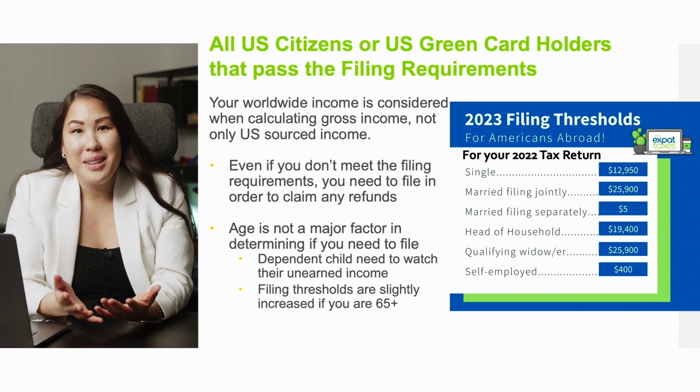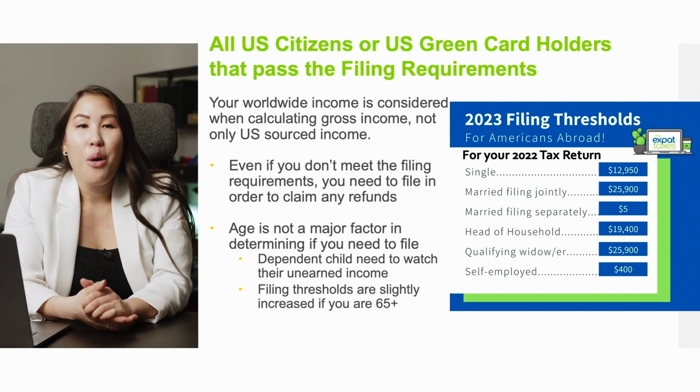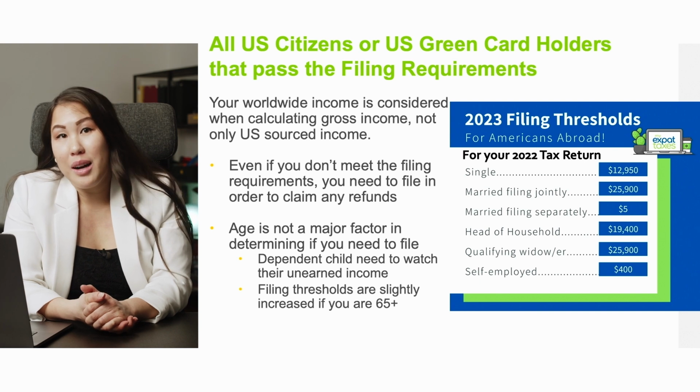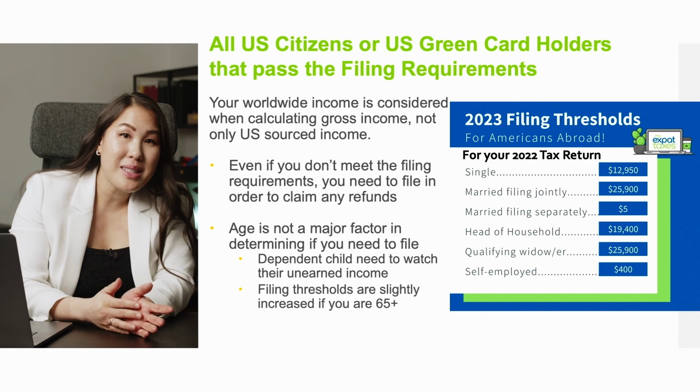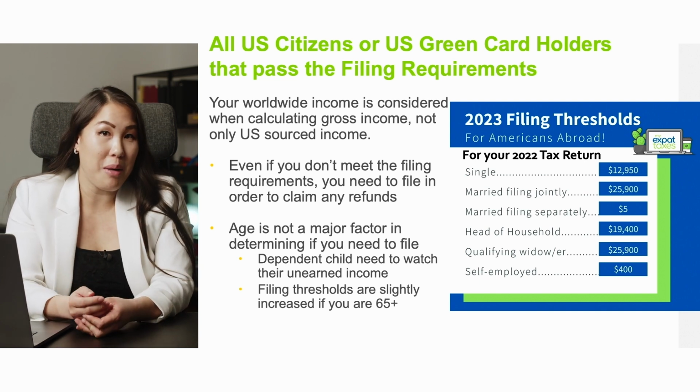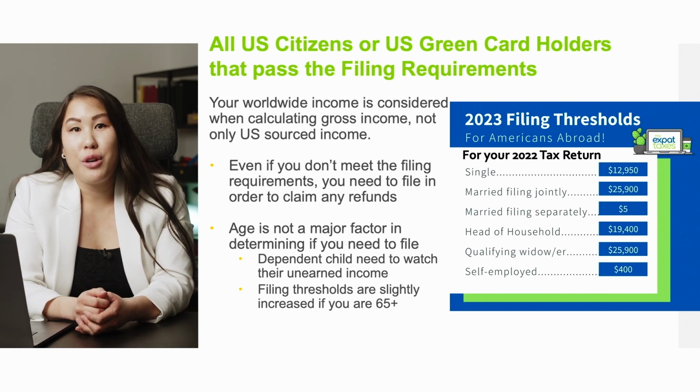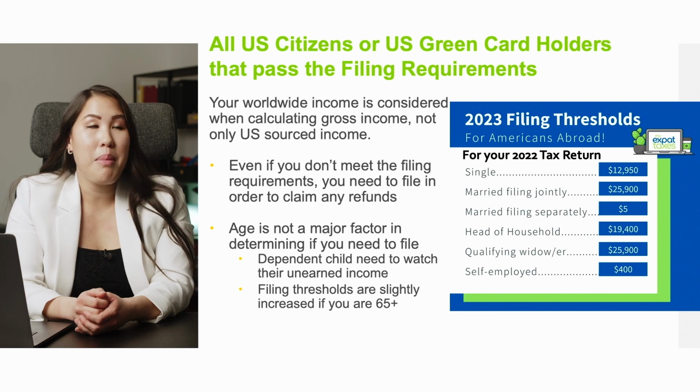So what does it mean to pass the filing requirements? Well, first you have to think about your worldwide income. That's exactly as it means, worldwide income, not just US income, but all sources of income that you have. Whether you earn a salary from Austria, pension income from the UK, rental income from Singapore, investment income from Germany, and then maybe some other retirement benefits from the US, you have to combine them all together.